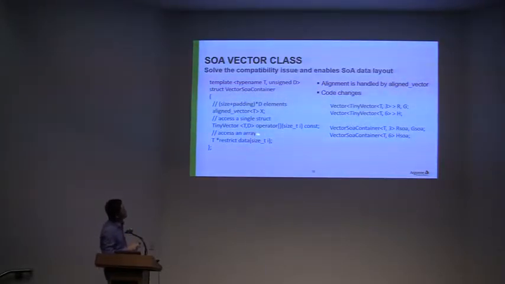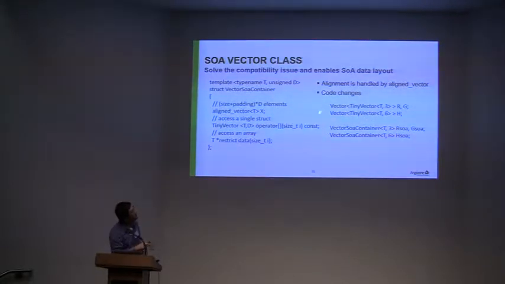Then we provide an access method, this operator overloading, so you can return the old structures easily, for backward compatibility. We also provide an access method: if you have a 3 by n array, you can get the third n array or second n array just by calling this one.